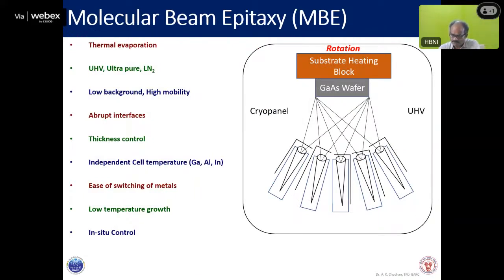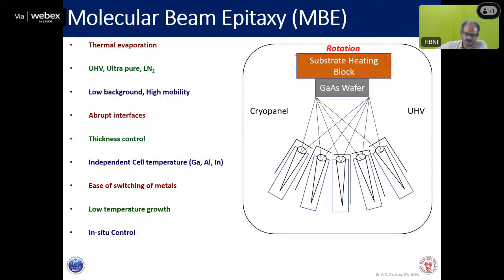This is typical, just like in a simple picture. You have different effusion cells here, different compounds you have placed. This is under very high vacuum, and you have a substrate here, which is rotating also. It's optional, and then a wafer is here, and you can deposit whatever you want to deposit. So it is a kind of thermal evaporation only, kept at very high vacuum.